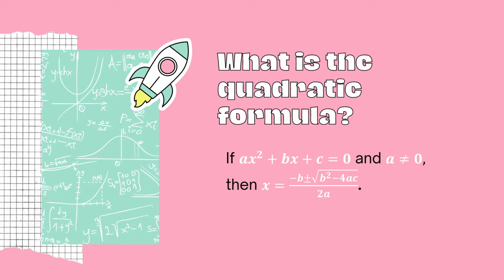So take note of this formula. As you can see, your b comes from this, your a comes from this, and your c comes from this. To further understand the formula, let's have some examples.